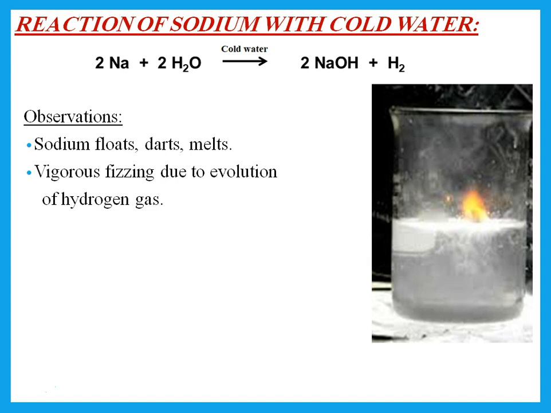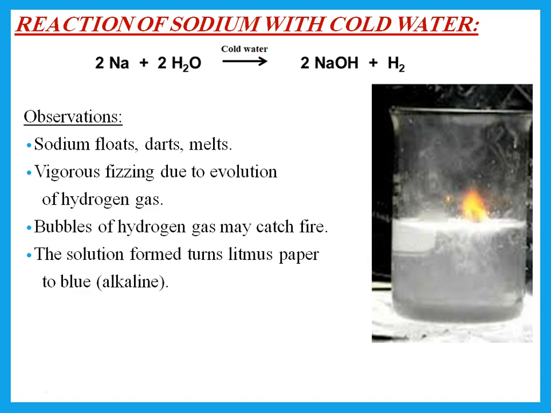We get vigorous fizzing since it's giving out hydrogen gas, and the bubbles of hydrogen gas may catch fire because hydrogen is flammable. If I need another observation, remember it's forming sodium hydroxide solution that is alkaline. So if I put litmus paper or universal indicator solution in the flask, then it will turn blue.